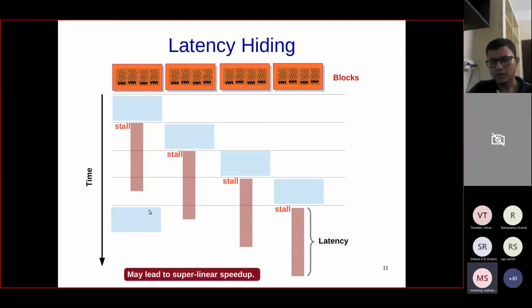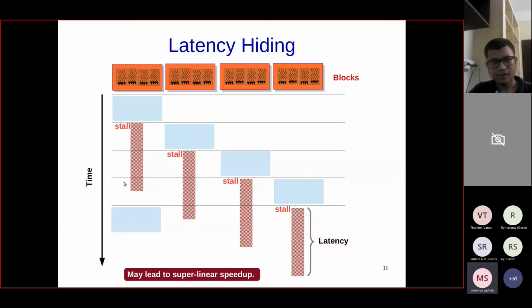One thing that you should observe here is that the streaming multiprocessor is not idle. At some point in time, let it be this or this or this, it is executing some computation from at least one of these thread blocks.